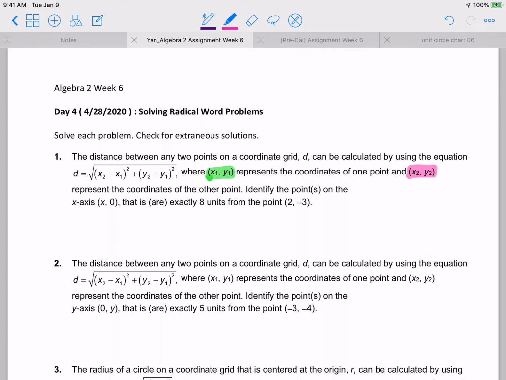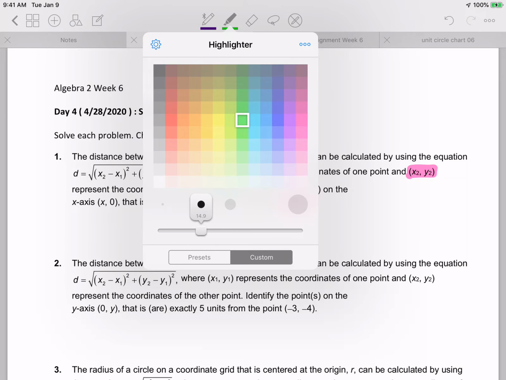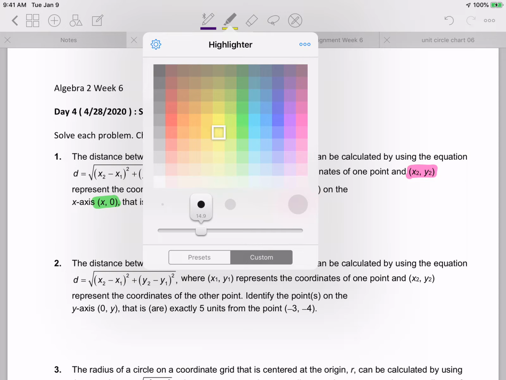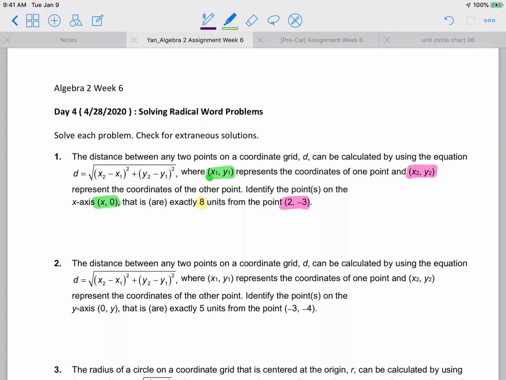You would notice that we actually have two sets of parentheses here. So let's use this one as our set 2 and this one as our set 1. And this number right here, 8, says exactly 8 units, so that's representing D.